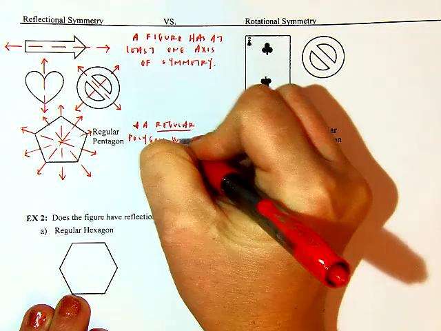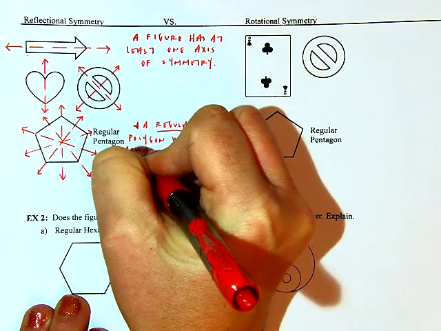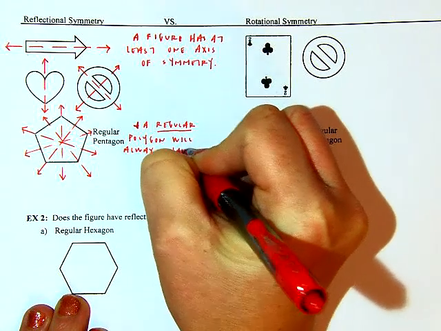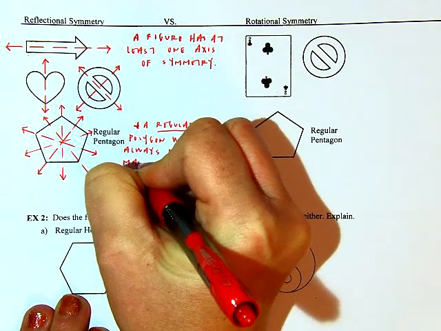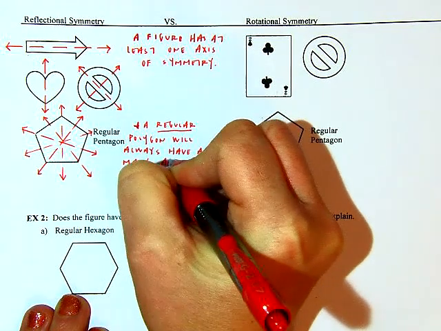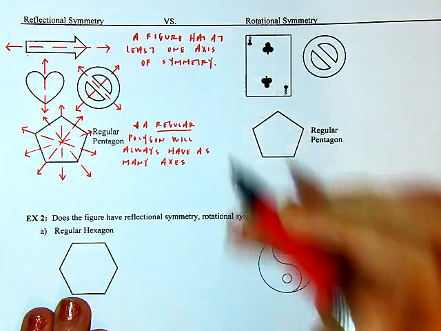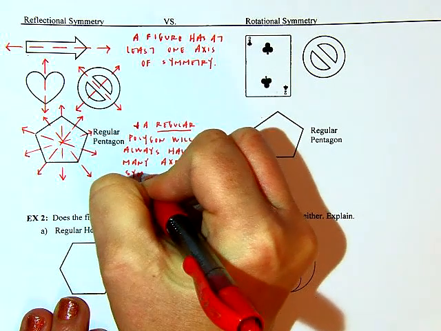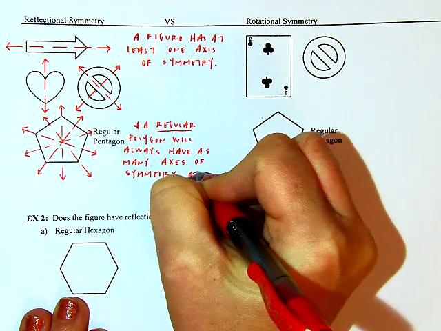We'll always have as many axes of symmetry as the number of sides. So plural, it's with an E.